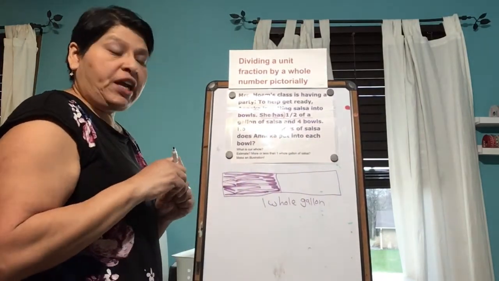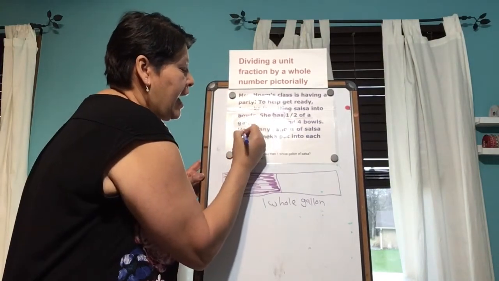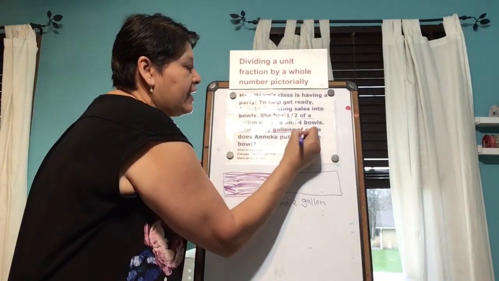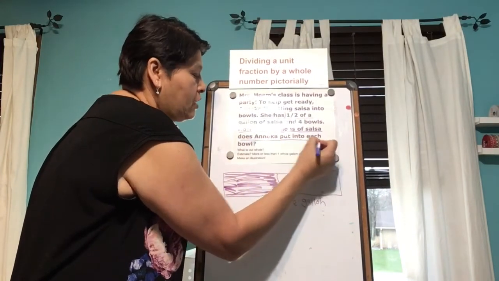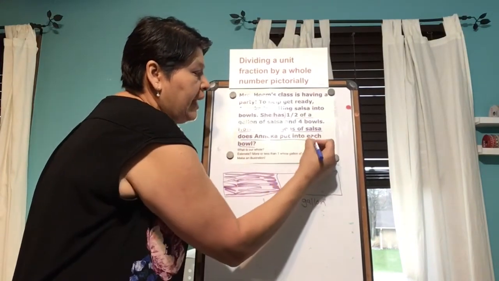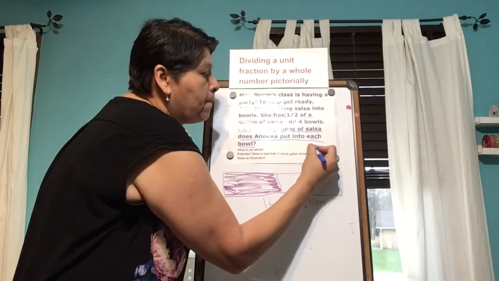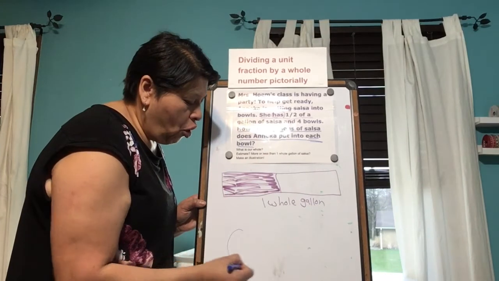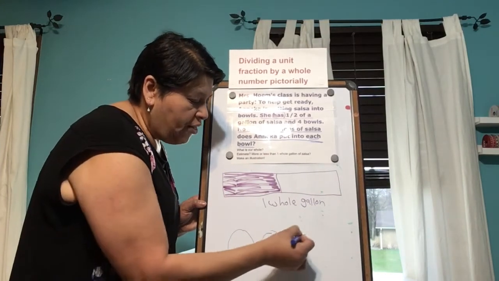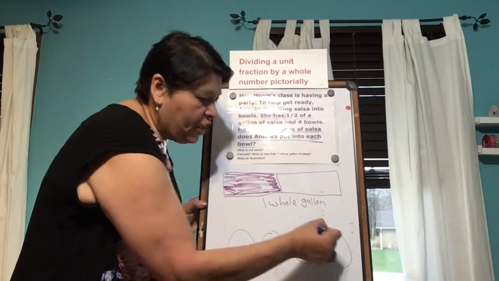Our question is, how many gallons of salsa does Annika put into each bowl? Each bowl. She has 4 bowls that she has to fill up.